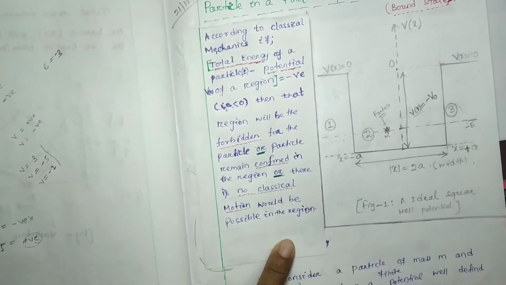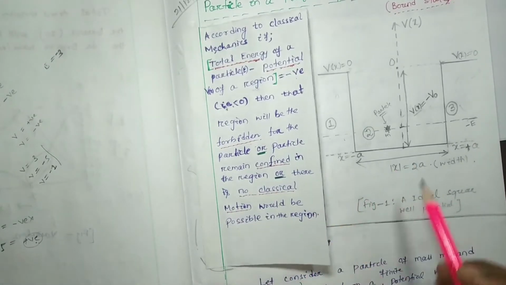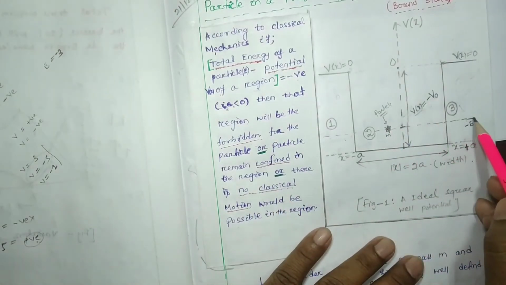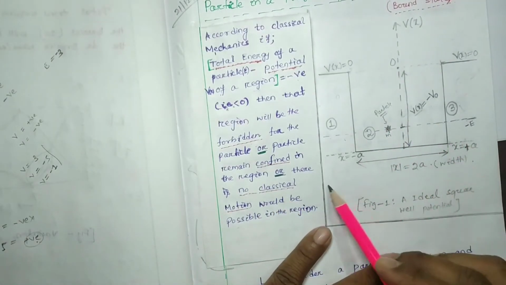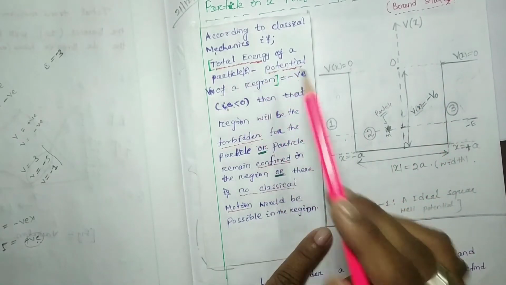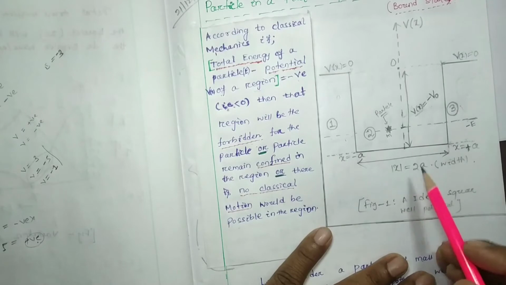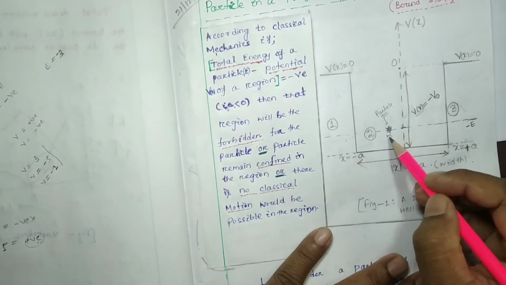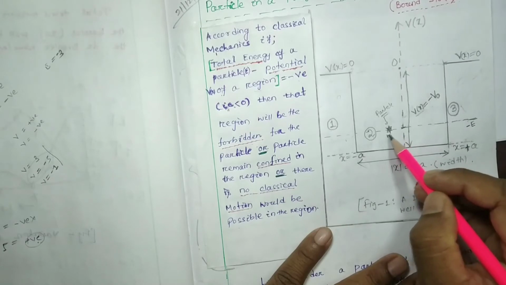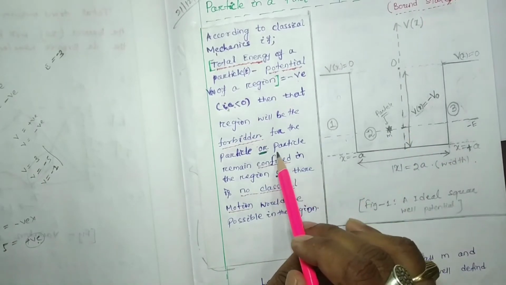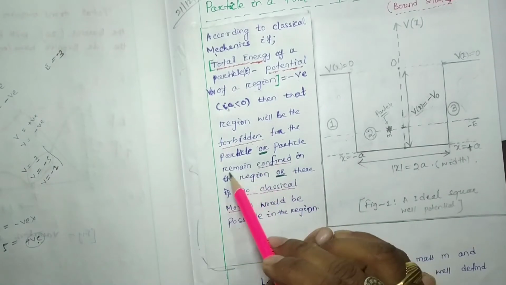That means, as I just discussed, if in this region we consider the total energy to be less than the potential energy, the total energy minus potential energy will be negative. That means the particle is confined in this region. Suppose the particle is in this region, it cannot move anymore. So that is why I wrote that the particle remains confined.